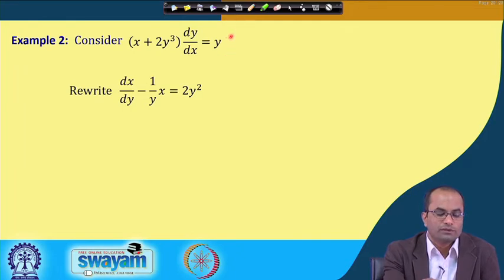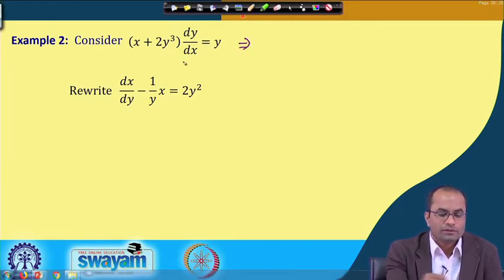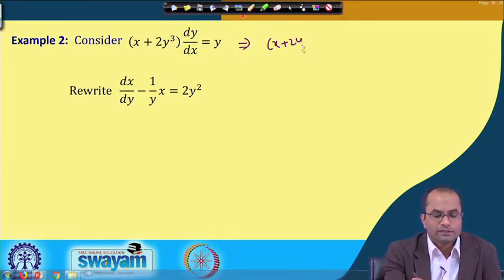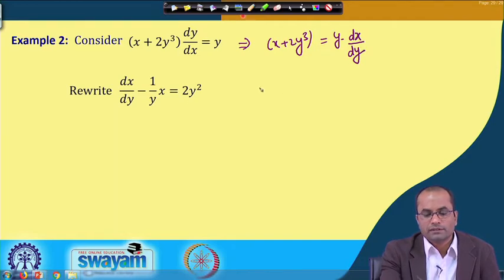So we have dx over dy and minus the x term there, and then we also need to divide by y here. So there will be a 1 over y term with x, and the right hand side will be 2y square. What we have done is this: we have x plus 2y cube, and the right hand side is like dy into dx over dy.